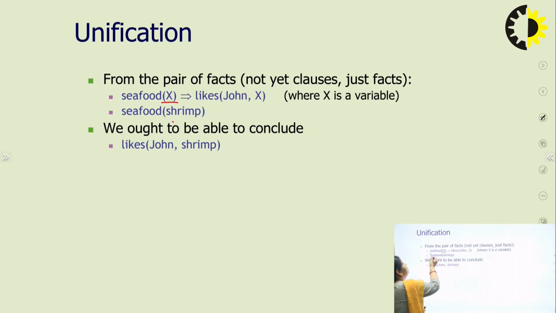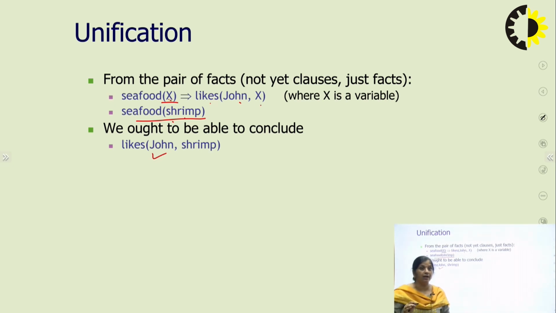If X is a seafood, then John likes X. Now we are given one fact that shrimp is a seafood. It means we can assign the value shrimp to X. From there, we get the proposition: if shrimp is seafood, then John likes shrimp. So we can conclude that John likes shrimp. This is unification.